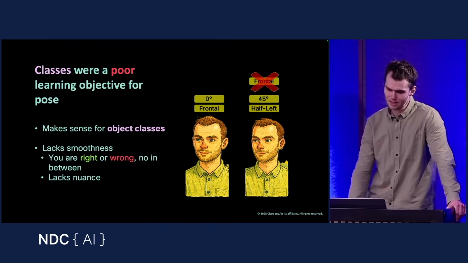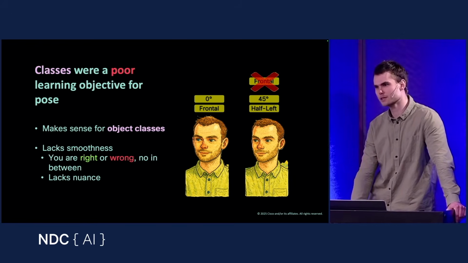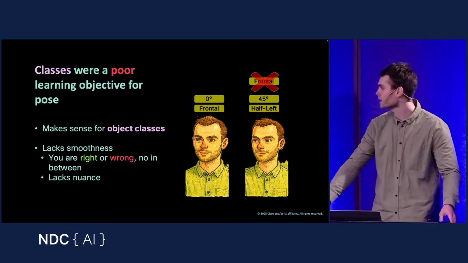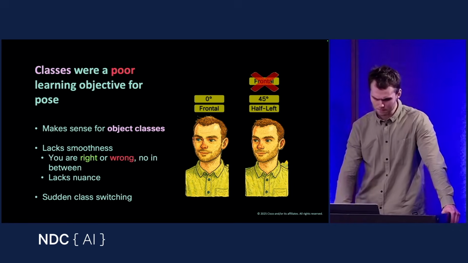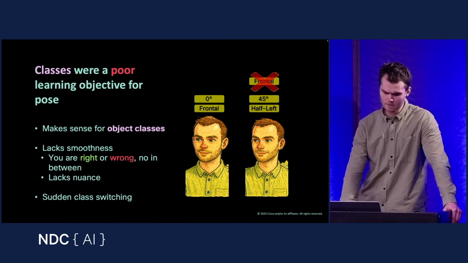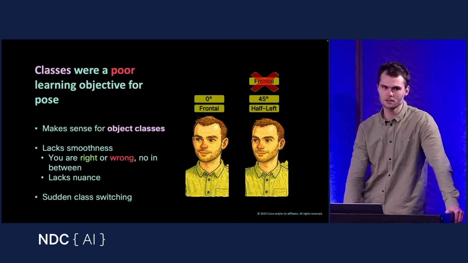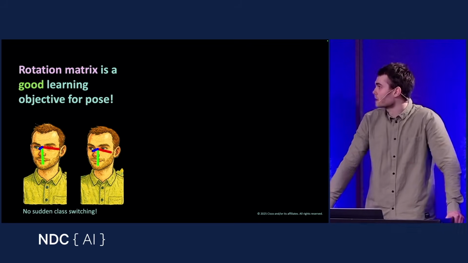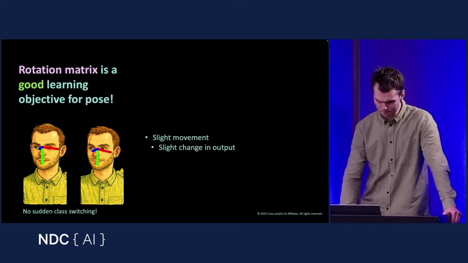So I think that the same lack of smoothness that annoyed me when I was trying to use that pose information to do the multi-camera cross-view thing was probably hindering the model as well. And there's the fact that just slight movement can suddenly change the class that is correct to predict. On the other hand, a rotation matrix is a good learning objective for pose.